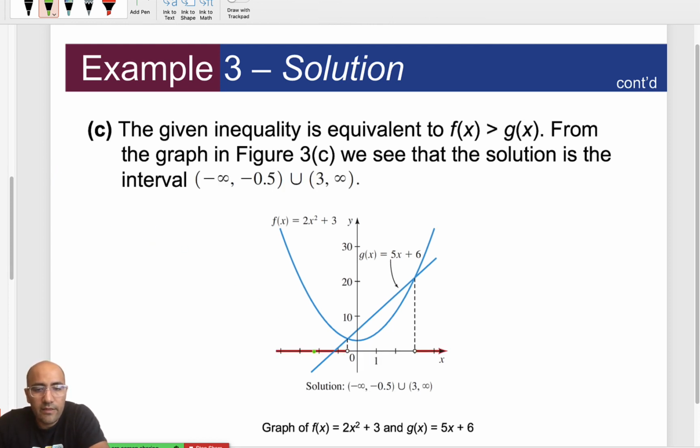For any one of these values, say if we choose x to be negative 3.5, for example, then this would lead to some value there of the f and some value here for the g, and then the f would be larger than the g. Good. So this and this, which is described this way, is the sections of the domain for which the f of x is greater than the g of x.